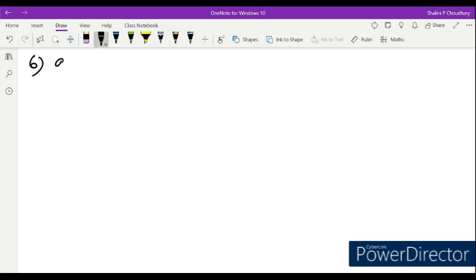The question is the nth term is given by an equal to n into n square plus 5 divided by 4.